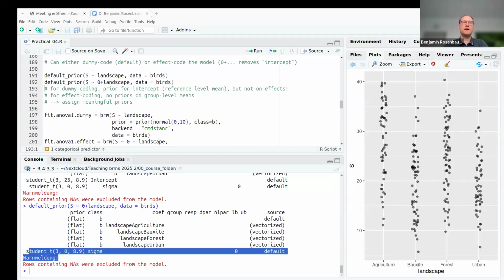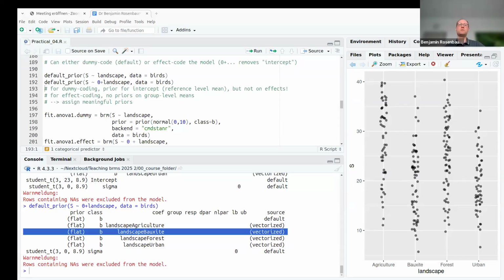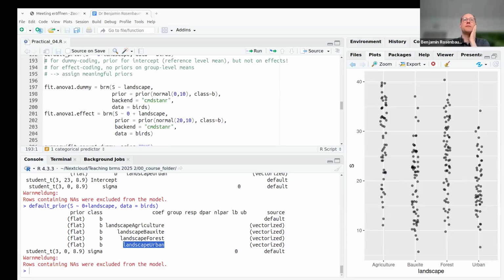Again, you have a prior for the sigma, but now all the effects are the actual means in the group levels, and they don't have any priors. So if you specify a prior for this one, you actually specify a prior for the means, so for the species richness, and not for some difference from the reference level.